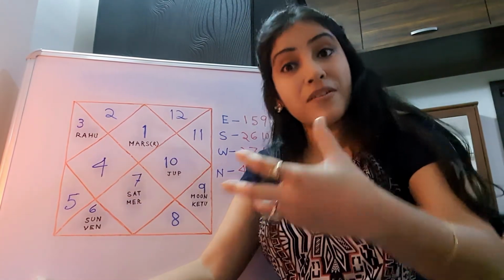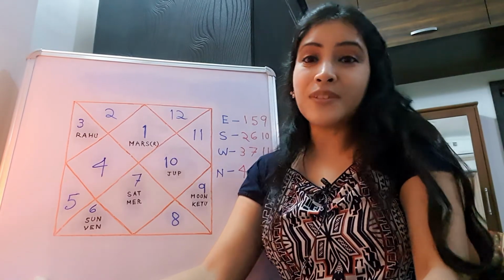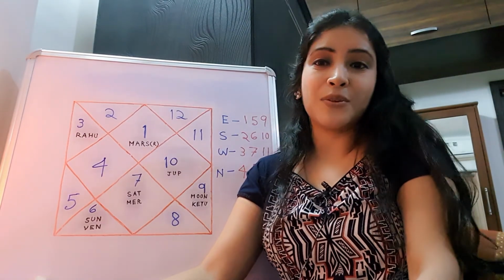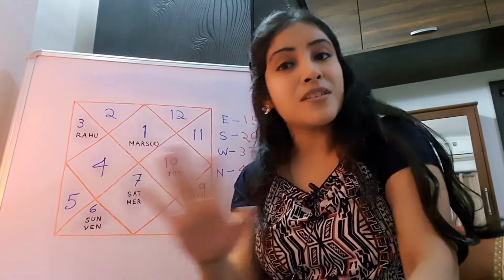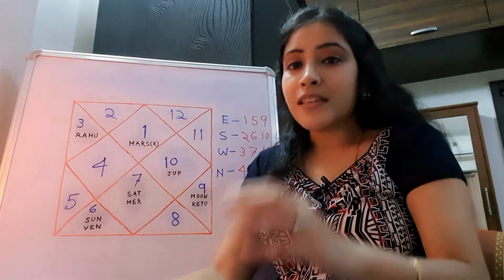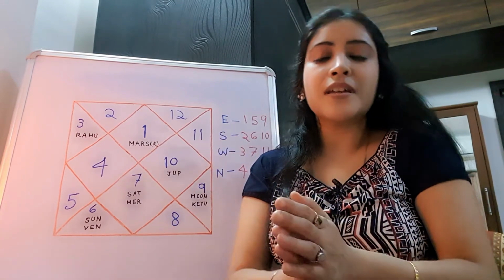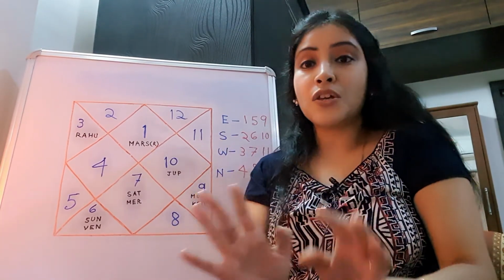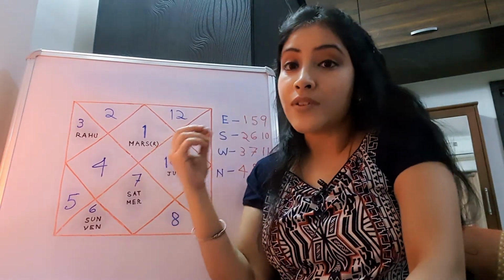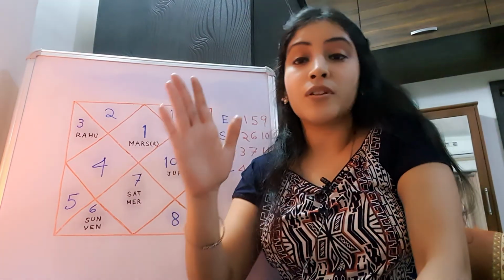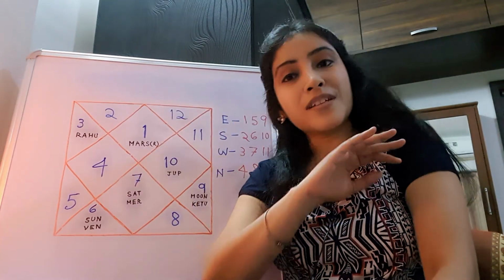Mercury is now behaving like Venus due to the mutual exchange or Parivartan Yoga. And so the native was safe and secure, nothing untoward happened, and all risk and all dangers or threats to his life got cancelled.